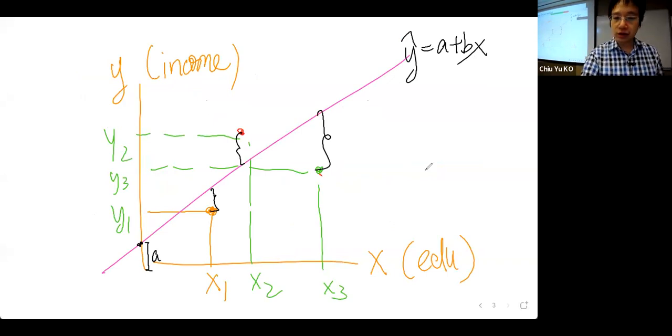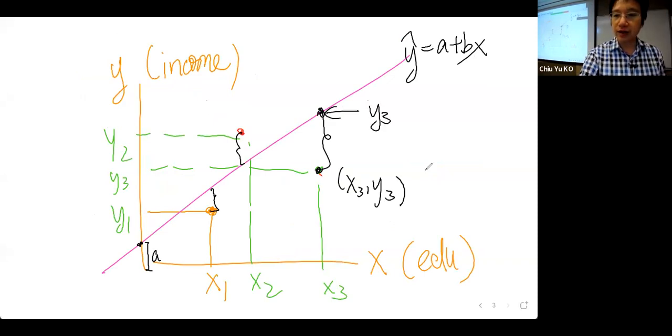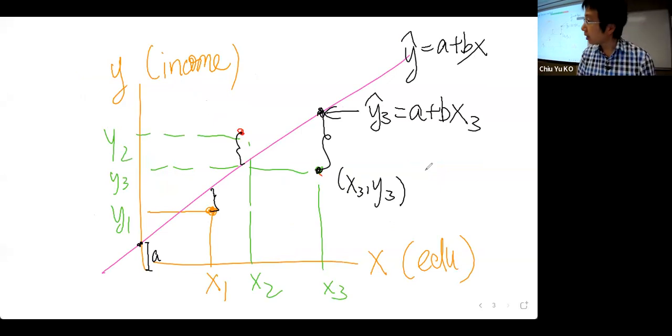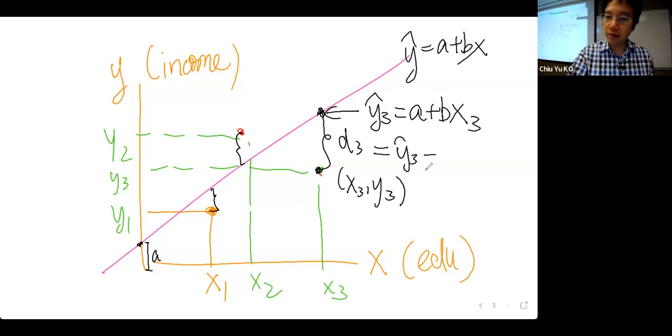This point is x3, y3, and this point is y3 hat, a plus bx3. We call the vertical distance, the height, d3, where d3 is y hat 3 minus y3.